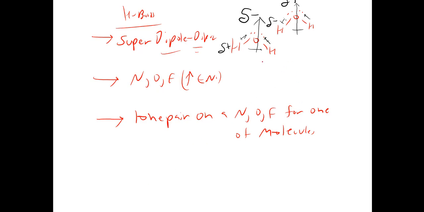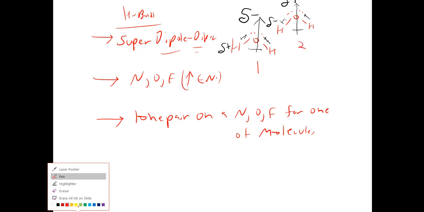So I'm just going to label this molecule 1 and molecule 2. And you'll notice on the first molecule, and I'll go ahead and use my highlighter, there is a lone pair on the oxygen.